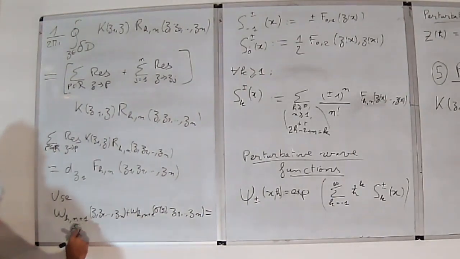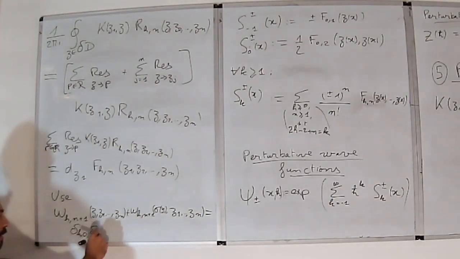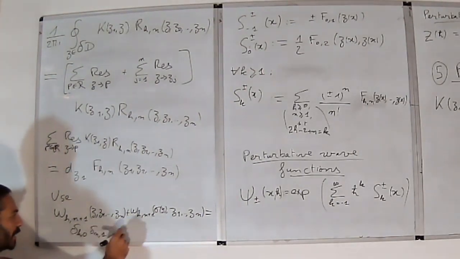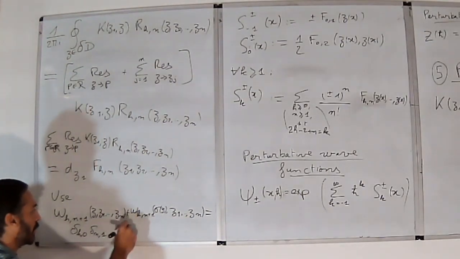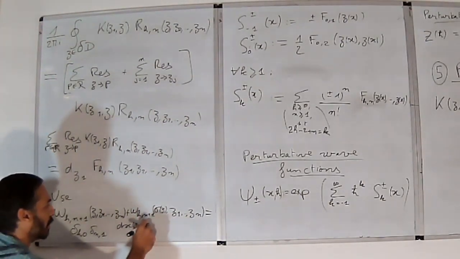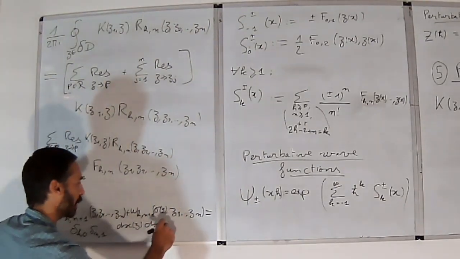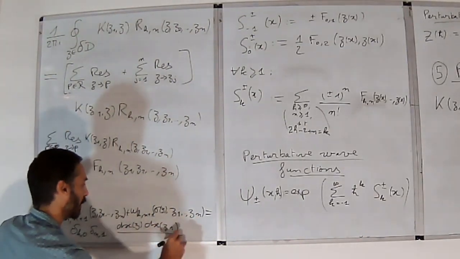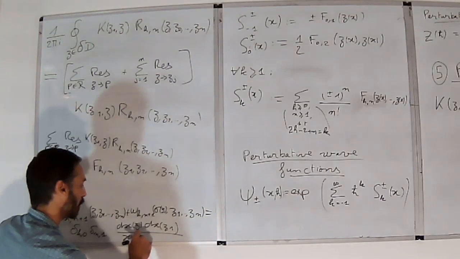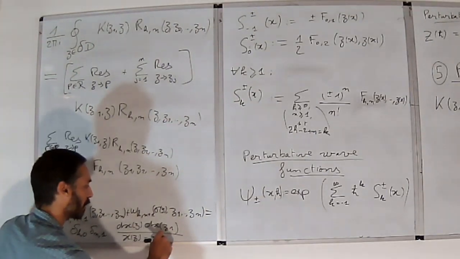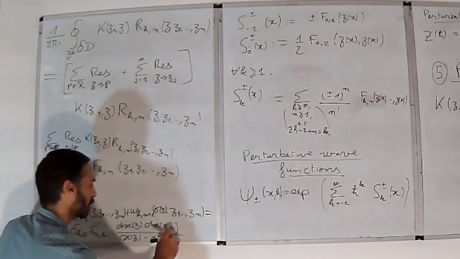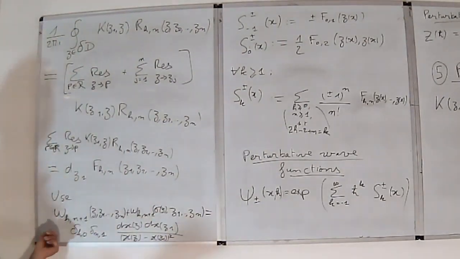So except for h equals 0 and n equals 1, in which case it's equal to dx of z, dx of z1, divided by x of z minus x of z1, squared.